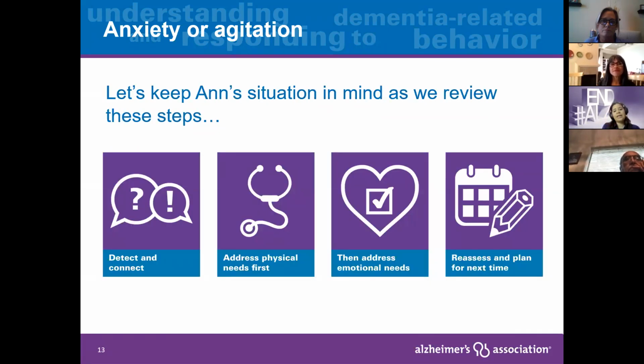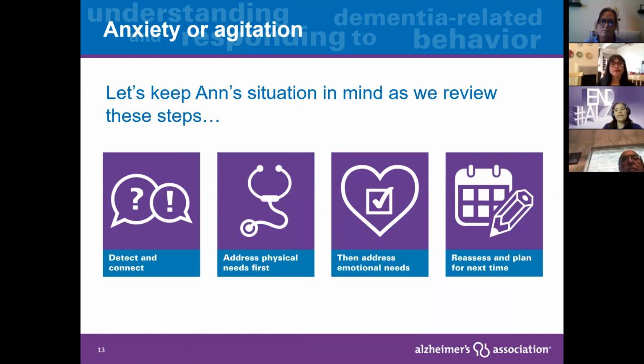So for anxiety, we're going to keep in mind the same steps. Why is this person feeling anxious? And we're going to our detect and connect, which is basically identifying the little things that they're doing day to day. The what, the who, the where is it happening?